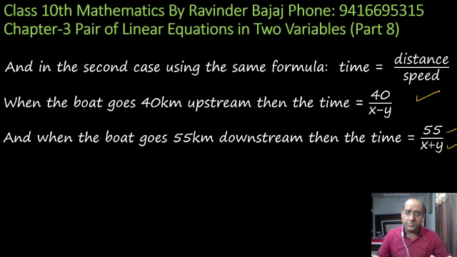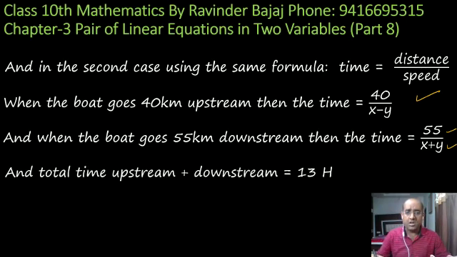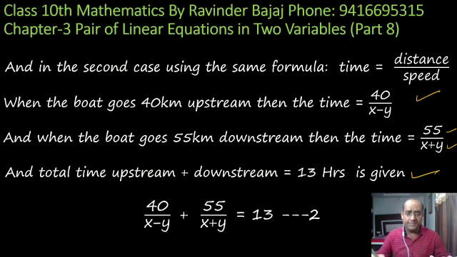Now the upstream downstream total time is also given in the question. The total time upstream plus downstream is equal to 13 hours. It is given in the question. So 13 is equal to the time taken by upstream and downstream. So 40 upon x minus y plus 55 upon x plus y is equal to 13. This is equation number 2.